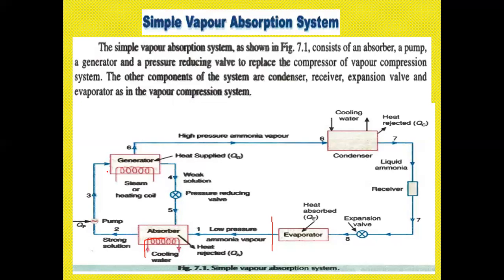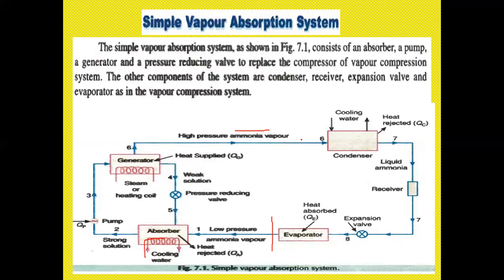So from the generator the heat is supplied and again the weak solution flows back through the pressure reducing valve, and the balance is going to this high pressure ammonia vapor. So during this process heat is supplied, so some solution is going again back to this cycle. The other balance is going to the high pressure ammonia vapor system.